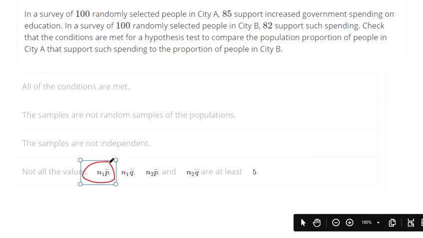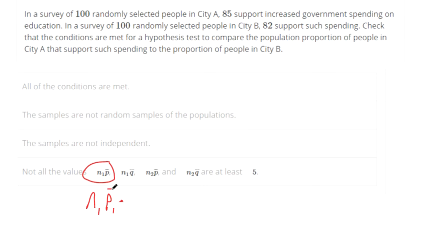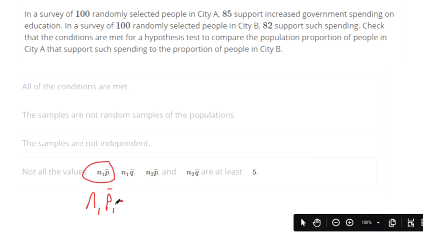N1, which means the sample size of your first one, times the proportion of your sample one. I think we usually use p-hat, but the question I copied down doesn't have it. Either way, the sample size times the sample proportion, when you multiply those, it needs to be greater than or equal to 5.